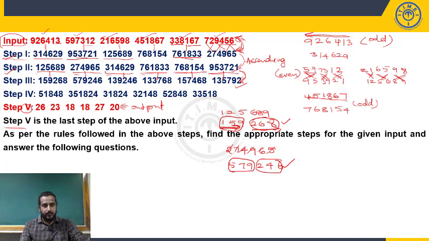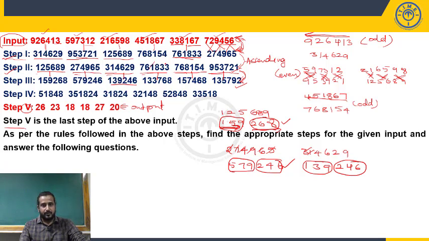Now 314629. If this logic is followed, it should be like 1, 3, and then 9, the odd digits in ascending order, then even digits 2, 4, 6 in ascending order. Is it 1, 3, 9, 2, 4, 6? Yes, perfectly matching. So it is correct. Next, 761833.